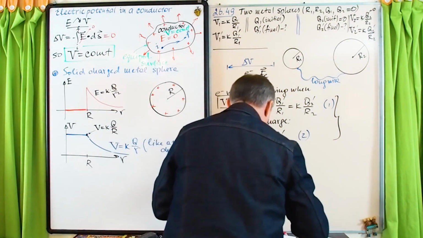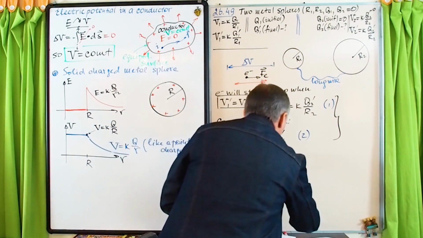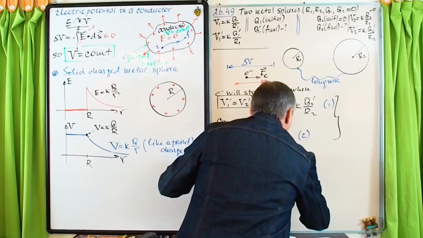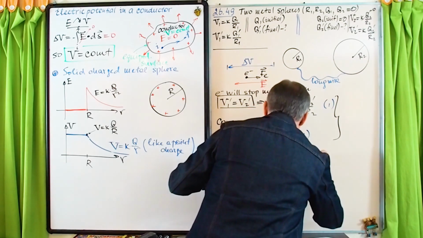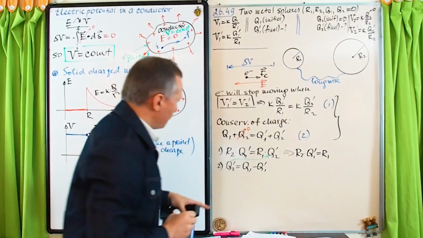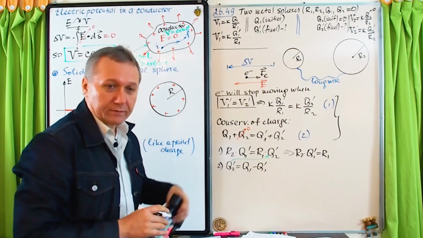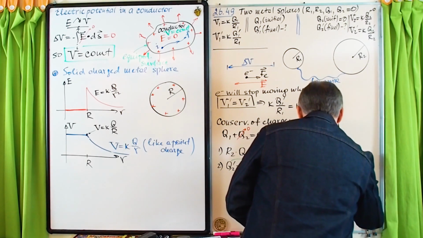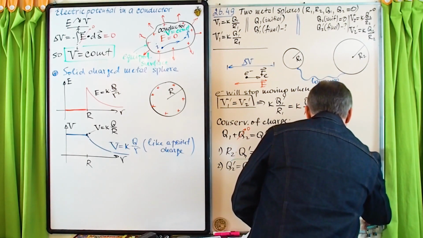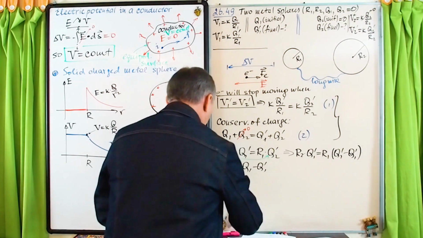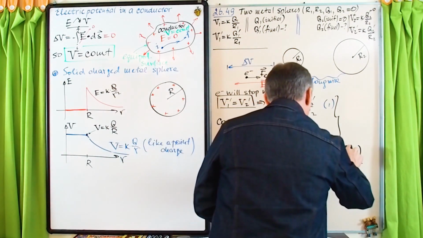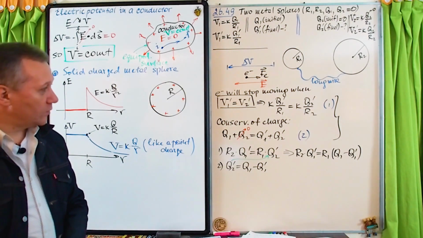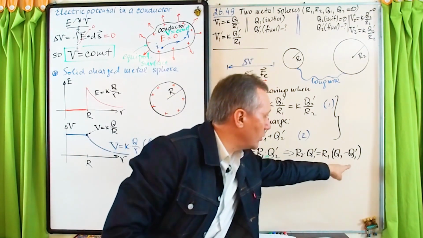As a result, this can be written as R2 Q1 prime equals R1 times the difference, Q1 minus Q1 prime. Wait, Q1 without prime, the first one. Q1 minus Q1 prime. Okay, so now one equation, one unknown, Q1 prime.